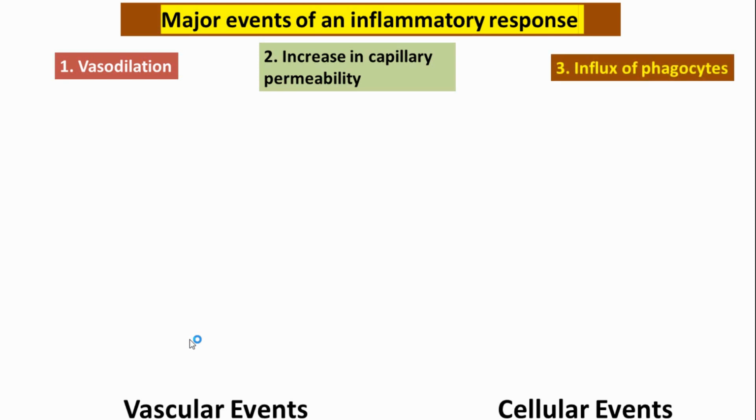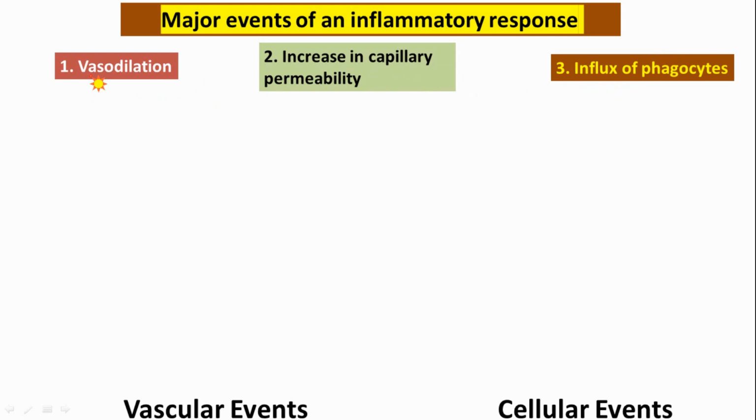Whenever there is an increased capillary permeability, through it lots of fluid will move from the capillary towards the injured tissue, and along with that fluid, lots of phagocytes will also move from the capillary towards the injured tissue. So these are the three major events.